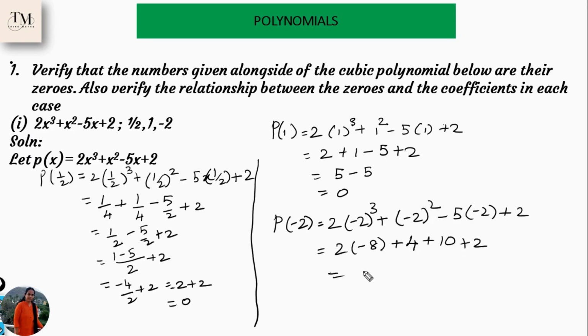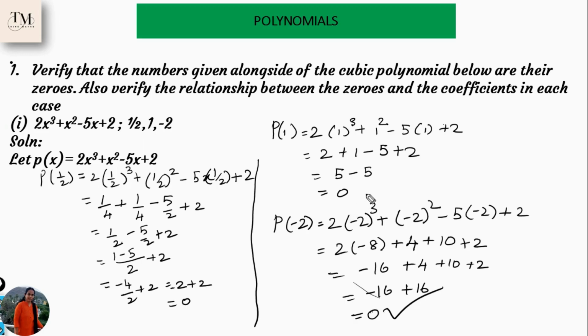So minus 16 plus 4 plus 10 plus 2. Adding all the positive values, 4 plus 10 is 14, 14 plus 2 is 16, so the result is 0. So for all the values, we got P of x as 0. So 1 by 2, 1 and minus 2 are zeros. We have verified the first step.